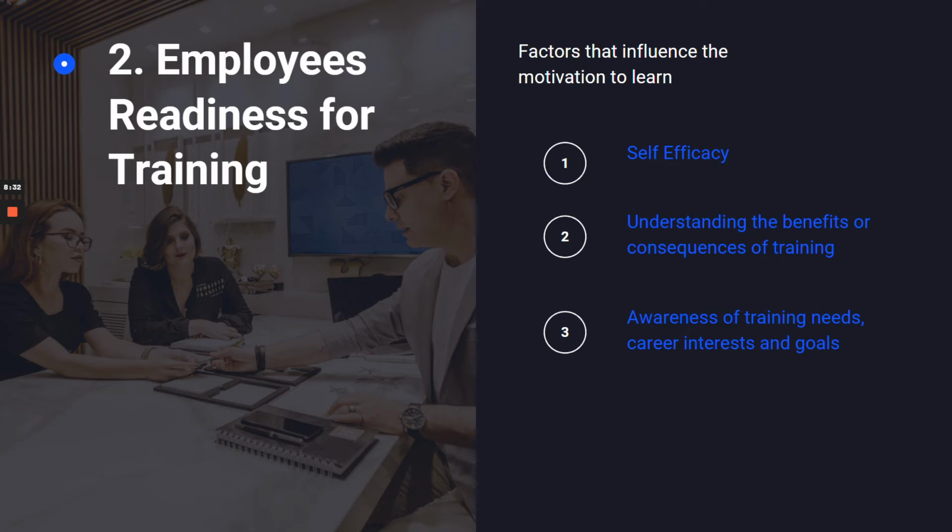So, this is one of the motivating factors that affect their motivation. If they are aware that this training will be in their career interest and fits their goals, then they will be motivated, right? So, the employee must be given the choice of what training program he would like to attend.